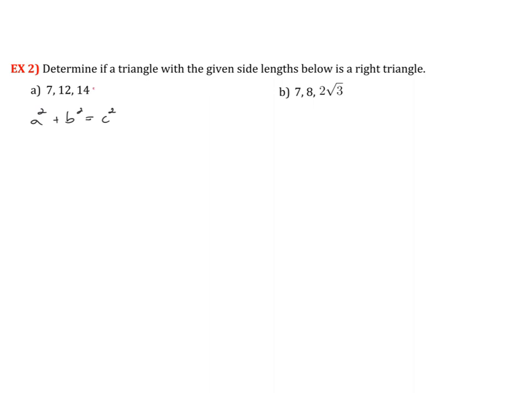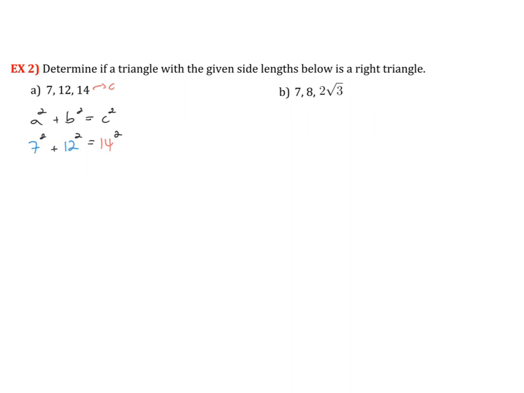The side that is the longest, which is 14 in this particular problem, this will be c, and the other two will be a and b. So substituting in, we get 7 squared plus 12 squared is equal to 14 squared.